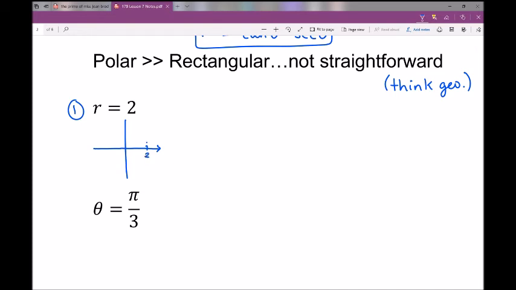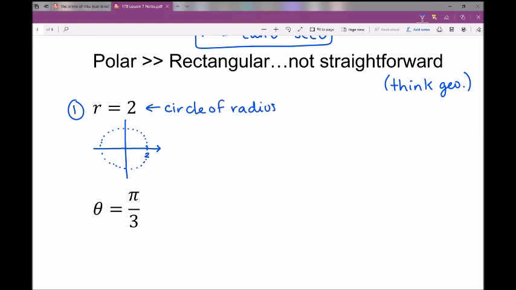So we're saying there's a constant radius of 2 from the origin, no matter what the angle is. If you think about what all those points would do at a constant radius of 2, you might notice that they make a circle. So this is actually just a way of writing a circle of radius 2.